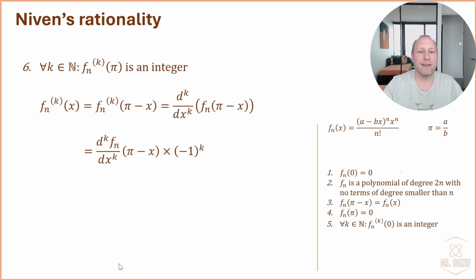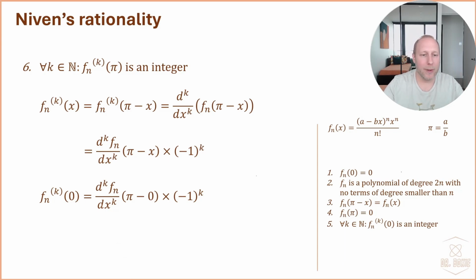Now if we evaluate this at 0, what we get is the kth derivative of fn at 0 is the kth derivative of fn evaluated at pi minus 0, so at pi, multiplied with minus 1 to the power k. So that's minus 1 to the power k multiplied with the kth derivative evaluated at pi.